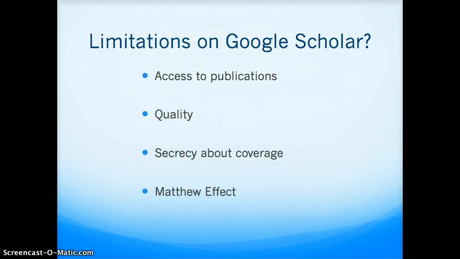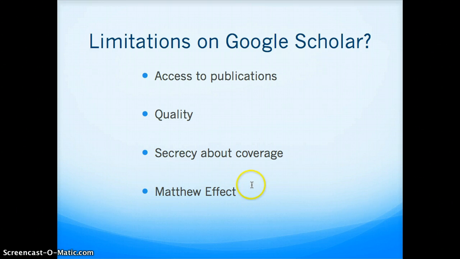And the fact is that some publishers don't allow Google Scholar to crawl through their journals. Things like Science Direct and American Chemical Society have actually been recently added into Google Scholar capabilities.